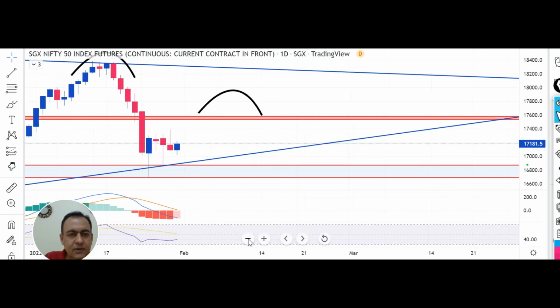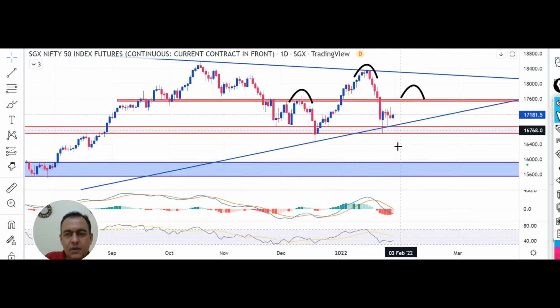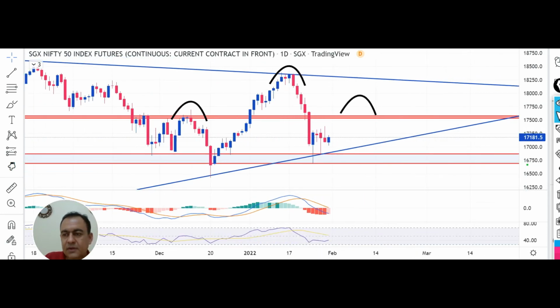So the bearish pressure is decreasing, number one. Number two, we had a false break on the rising trend line, which is a bullish scenario. Just look at this candle. A break below the rising trend line. Finally, it made a pin bar and closed above it.